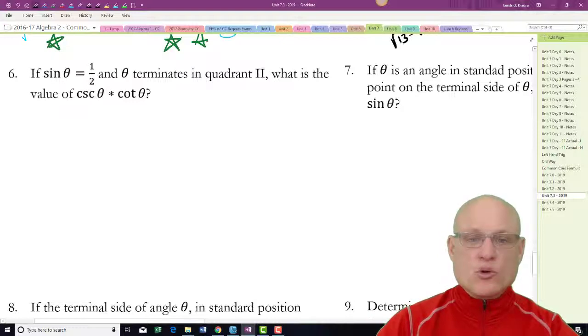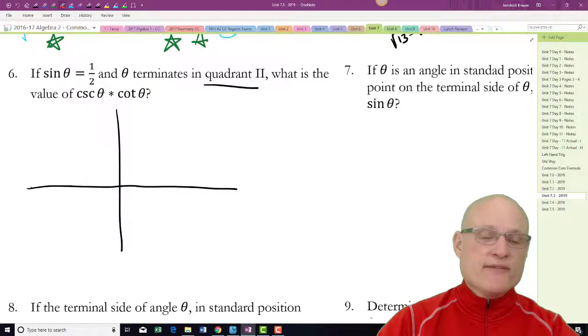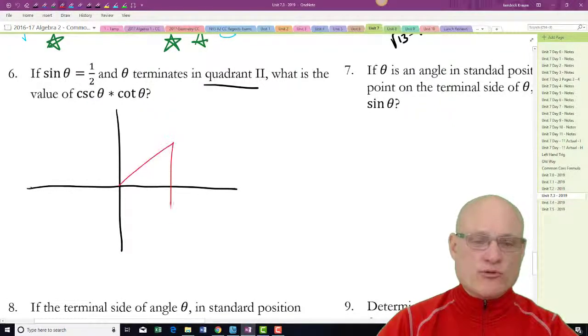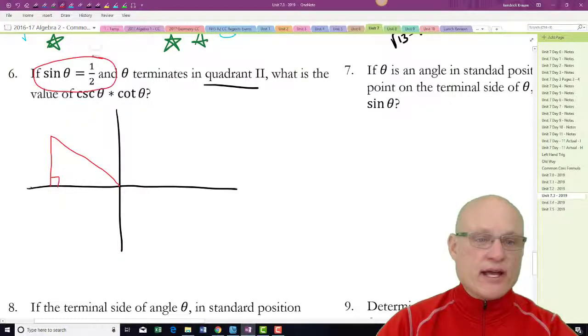So quadrant 2. We know we're in quadrant 2. So I'm just going to draw that triangle in quadrant 2. If you're having a hard time realizing, then draw the bow tie and then realize, oh yeah, I'm in that quadrant. But if you're not having a hard time drawing in the triangles, then just draw the triangle in, especially if you can tell what quadrant you're in. So what are we given? Sine is 1/2.